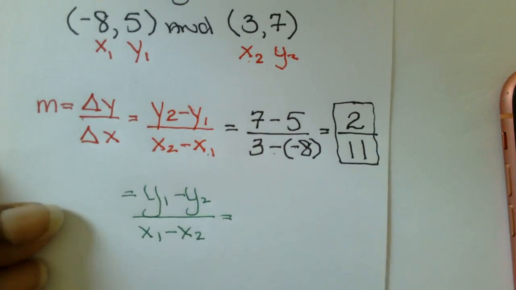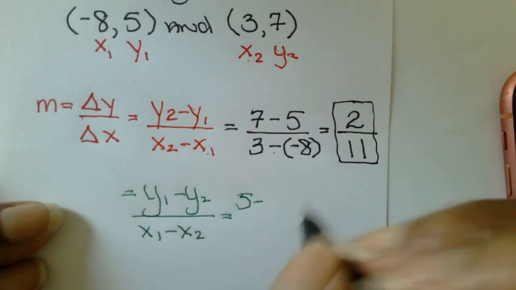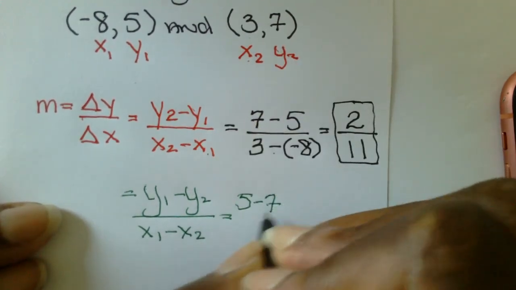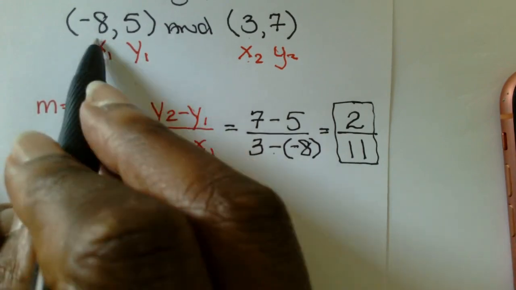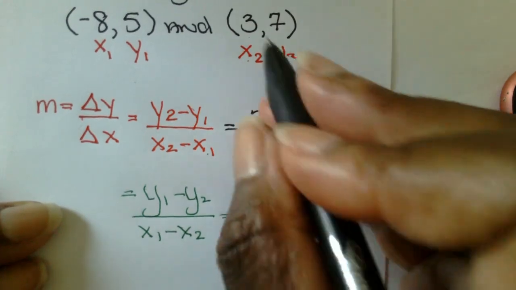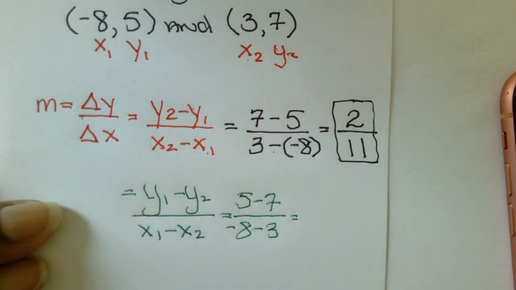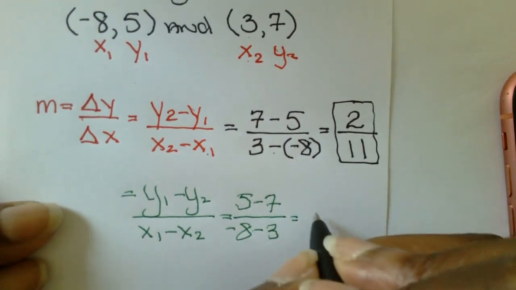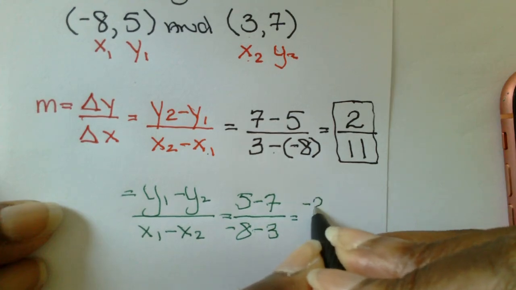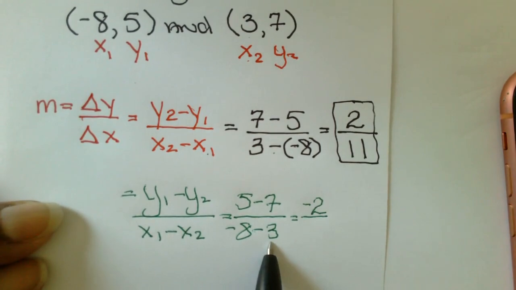So my y1 is 5 minus my y2, which is 7, over my x1, which is negative 8, minus my x2, which is 3. So 5 minus 7, that will give me a negative 2. And negative 8 plus a negative 3.